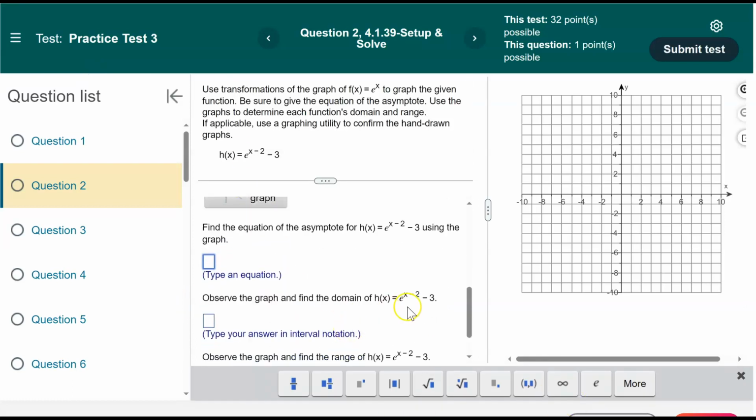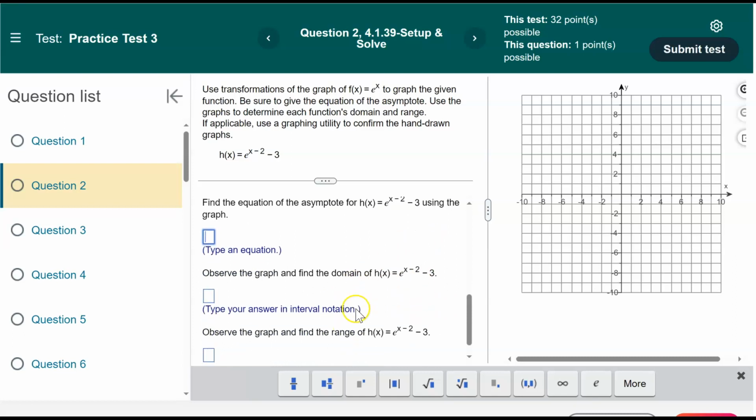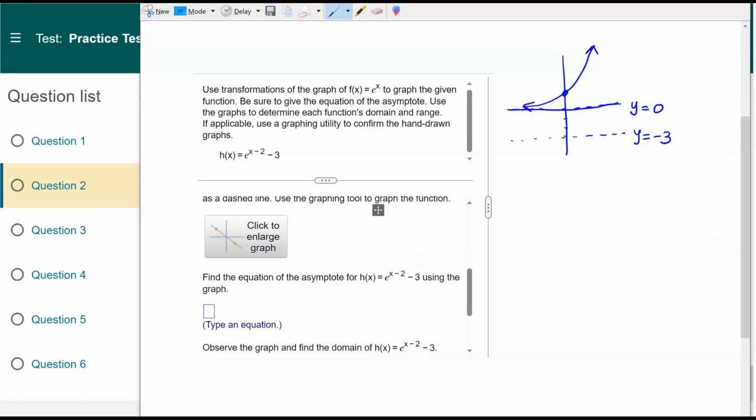And then for the domain of the function, you don't need to compute for that. For an exponential function, the domain is always the set of all real numbers. Okay, so let me just write the asymptote.